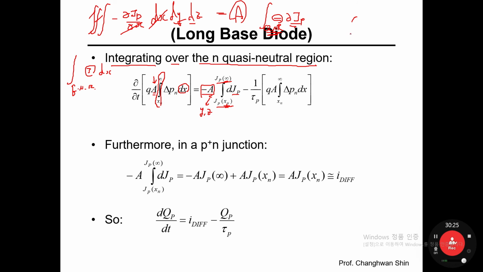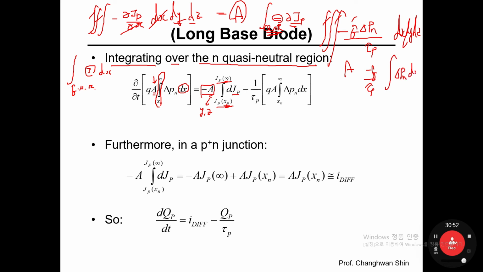The second term on the right-hand side was q delta p_n divided by tau sub p. If I integrate along x, y, z, the y and z integration becomes A, and minus q, with tau p being constant, times the integration of delta p sub n along x from x_n to infinity.